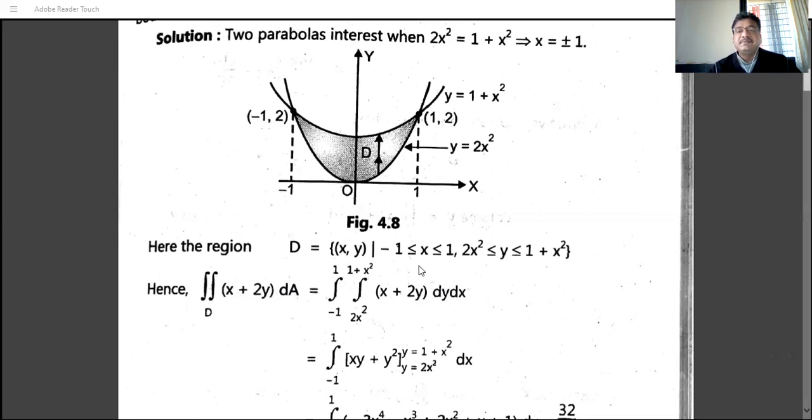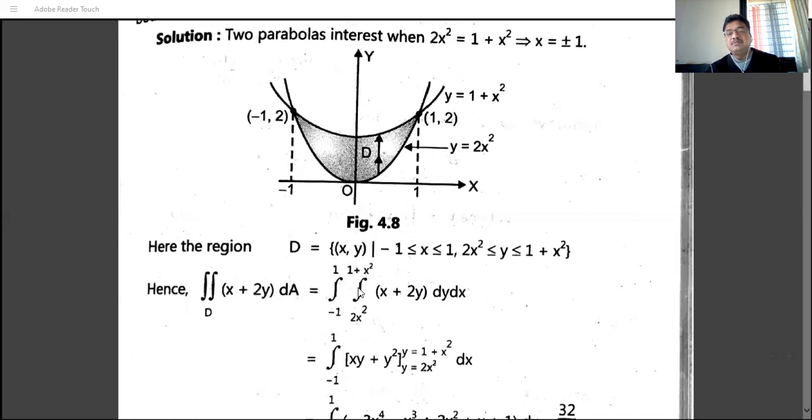So dy, and then y runs from here, right? One end of this strip touches the curve, the parabola y is equal to 2x square. So from this, find the value of y, and it is 2x square obviously. So y runs from 2x square, and the other end of the strip touches the curve y is equal to 1 plus x square, and so from the equation of this curve, the value of y is obviously 1 plus x square.